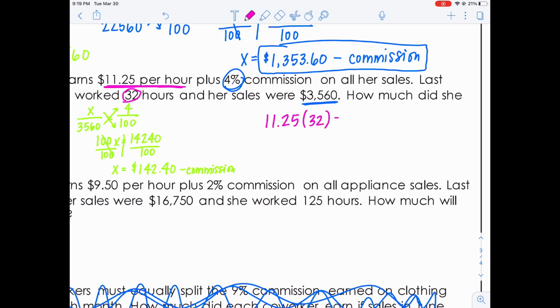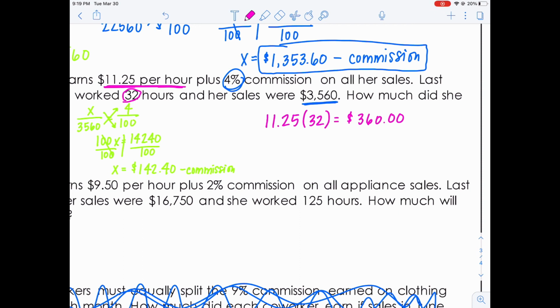When I multiply them on my calculator, I get that the money she earned from her hourly wage was $360, making sure to put 2 decimal places because it's money. Now, if I want her total amount, I need to combine her hourly wage plus what her commission was to get her total amount.